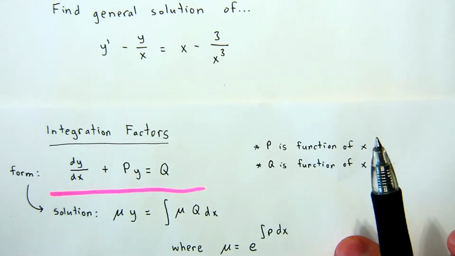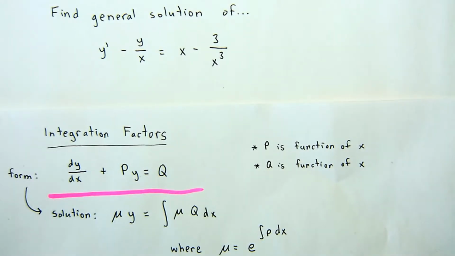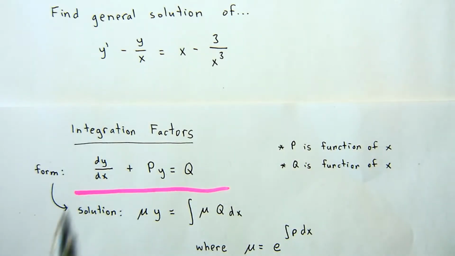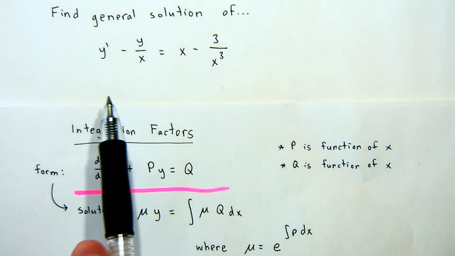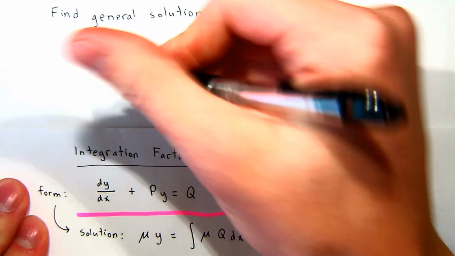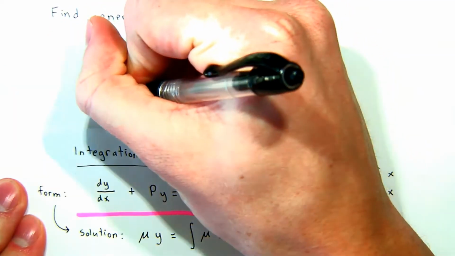Okay, so our question is: find the general solution of y prime minus y over x is equal to x minus 3 over x cubed. The first thing we have to do to use an integration factor is get it into this form. So y prime, well, that's the same as dy/dx, so let's write it like that.